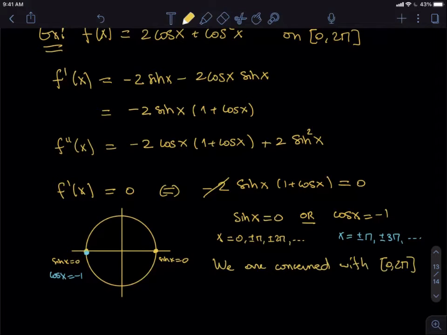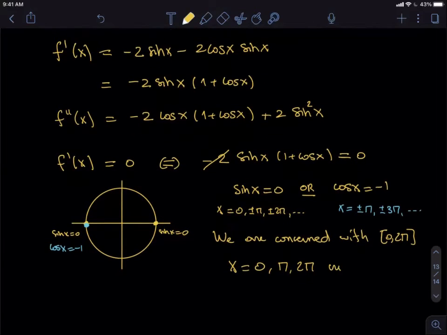But we are concerned with 0 to 2 pi, so all we need is 0, then pi, and then 2 pi, and that's it. So x equals 0, pi, 2 pi. These are the critical numbers. Okay, so let's box this so that we can find it easily later.